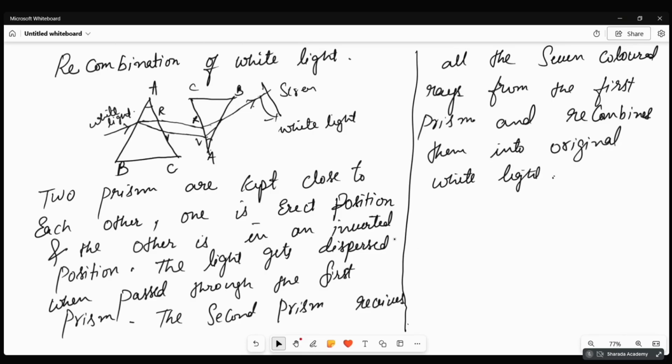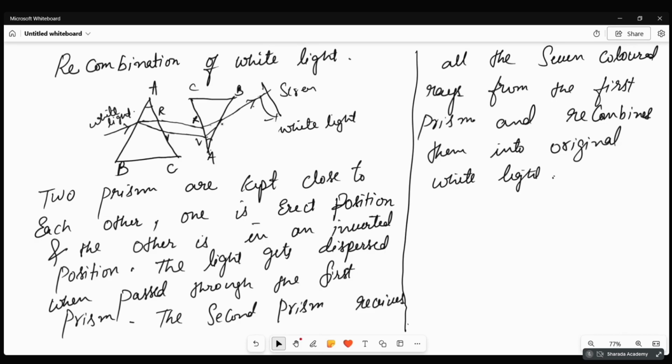Okay, so why do we keep it inverted, and why will it recombine, can you tell me? When white light passes through the prism, it disperses. The violet light bends more, red light bends less. So they can combine. Correct.